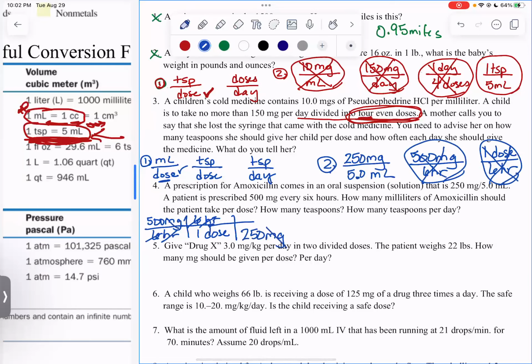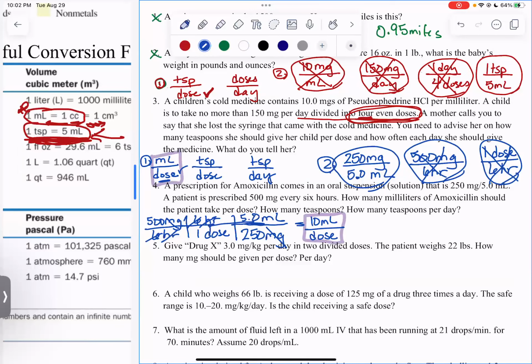So my milligrams cancel, and I put 5.0 milliliters per every 250 milligrams. So I'm now in milliliters per dose, and that's exactly what I want to be in. I'm going to do the math, and what you should get is 10 milliliters per dose. That's our first answer right here.